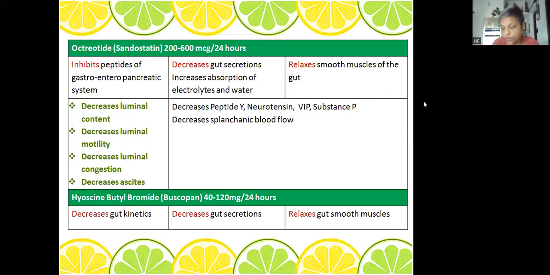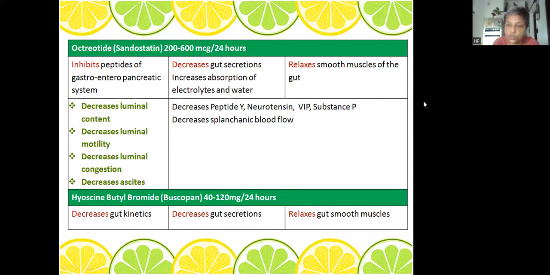So this is about the octreotide. Usually this is used because it decreases the gut secretions, increases the absorption of electrolytes and water, and relaxes the smooth muscles of the gut. Okay, so its usefulness is that it decreases luminal content, luminal motility, luminal congestion, and ascites.